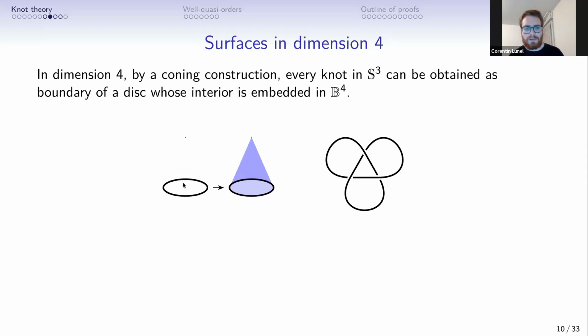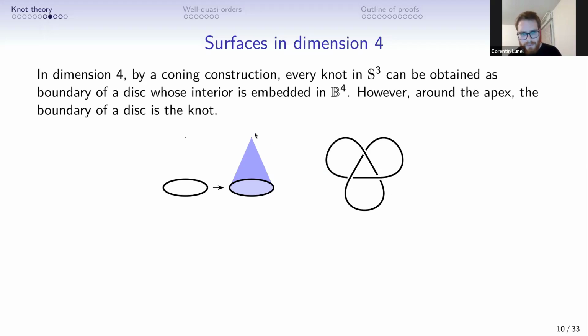If you take a circle or a knot more generally, you take a point in the interior of B4, and then you take all the lines between this point and your knot. So here you have a cone. And if you have a more complex knot, like the trefoil knot, you take a point, you take all the lines. If you see it in S3, you will have a lot of self-intersections. But when you see it in B4, all the self-intersections disappear. And so you obtain the knot as a boundary of a disk.